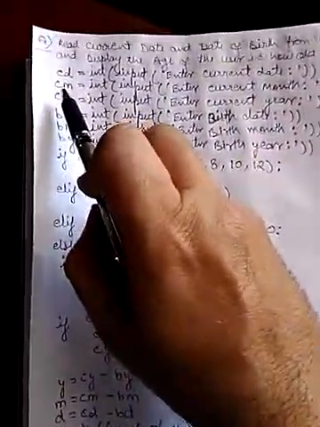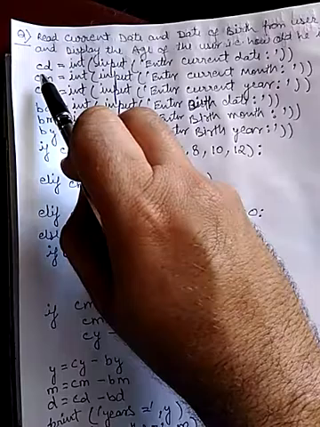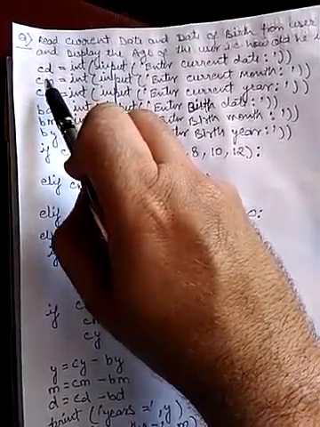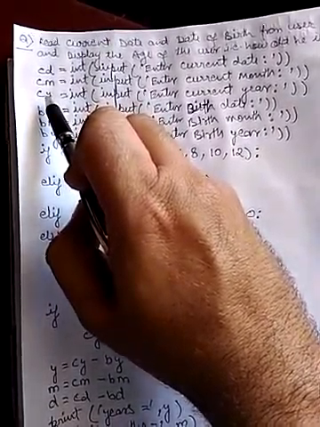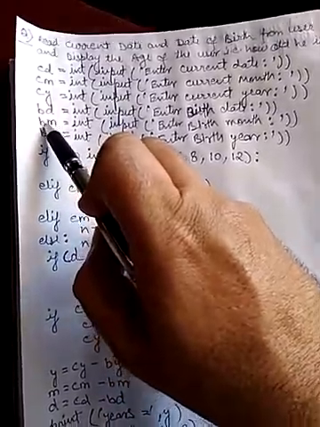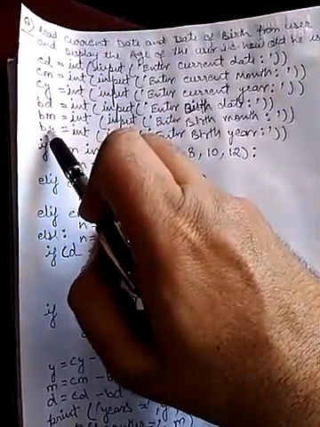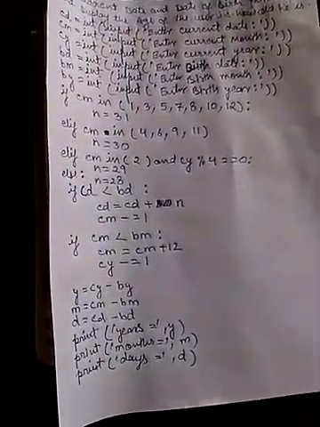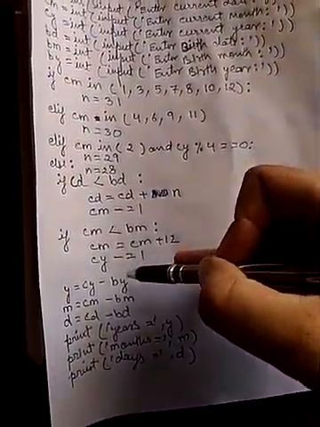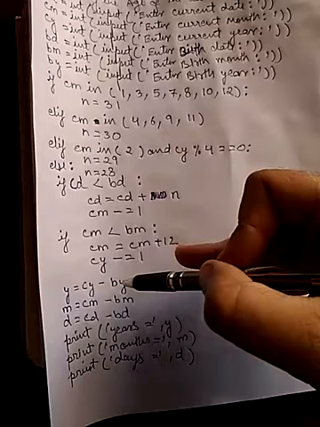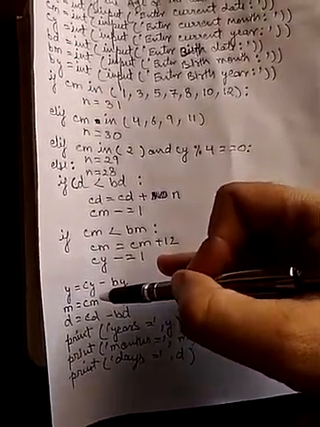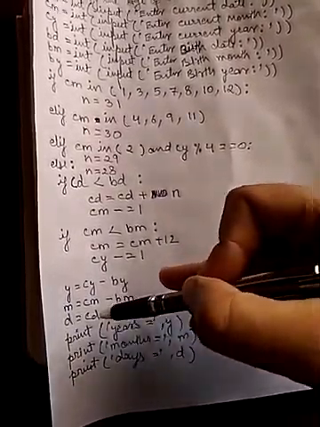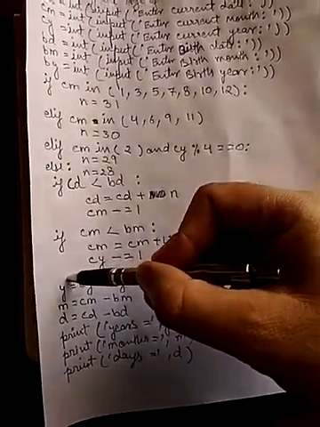So in this, first we have read the current date, current month, current year. Now we have read birth date, birth month, birth year. Now the logic was we have to subtract the birth year from the current year, birth month from the current month, birth date from the current date. This is the main logic.